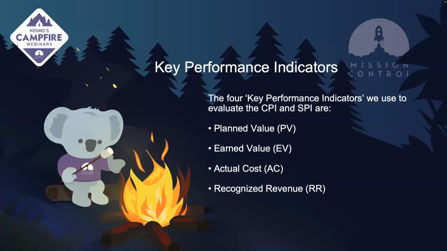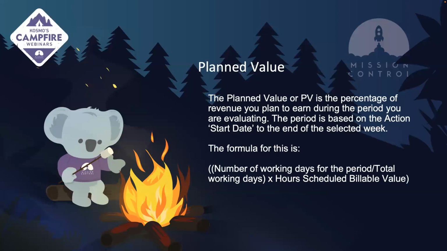Starting with planned value, this is the percentage of revenue that you plan to earn during the period, and is based on the action start date to the end of the week that you're viewing. So all of these calculations for planned value would be based off the number of working days for the period to the end of that week, divided by the total amount of working days for the entire action.